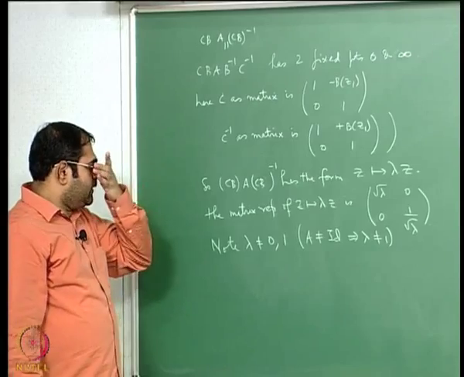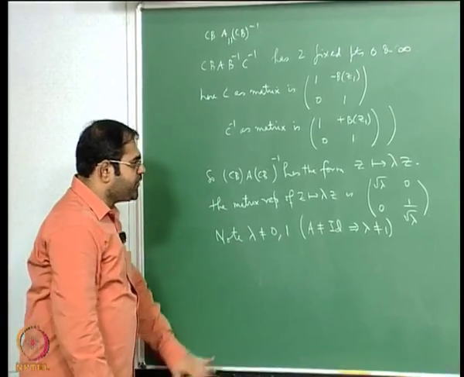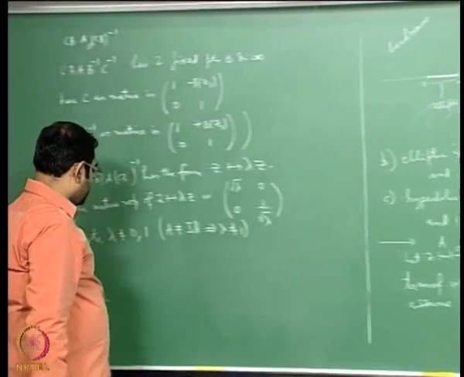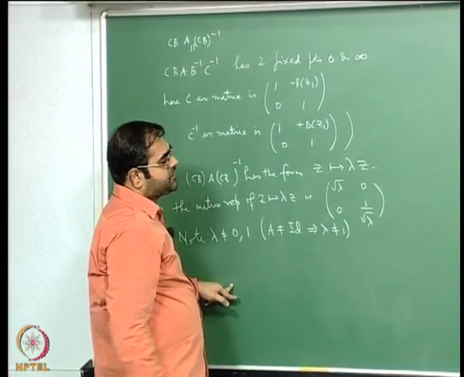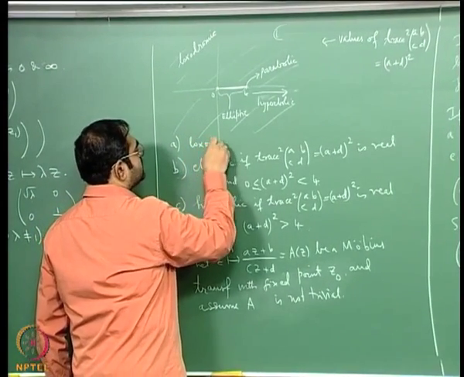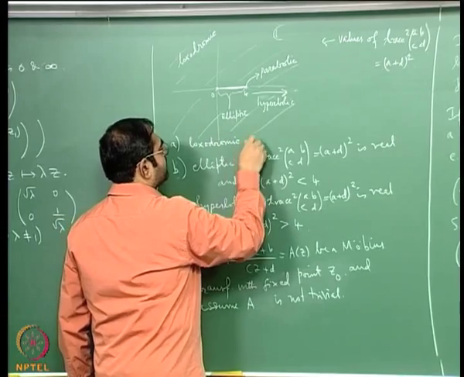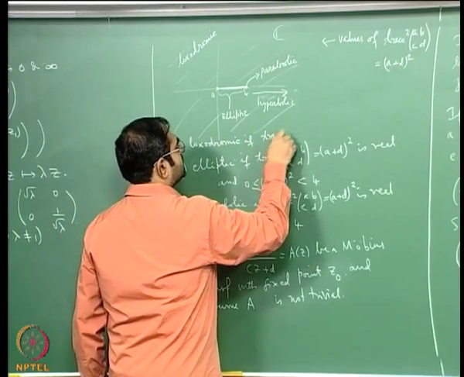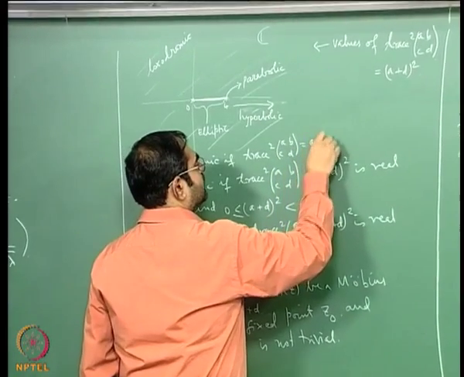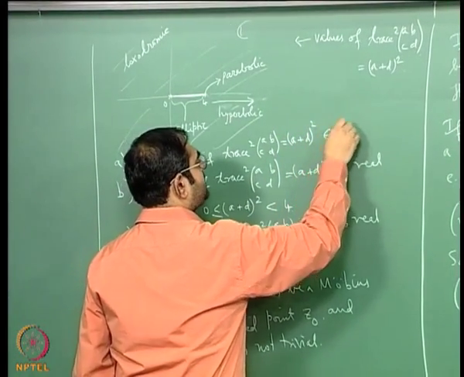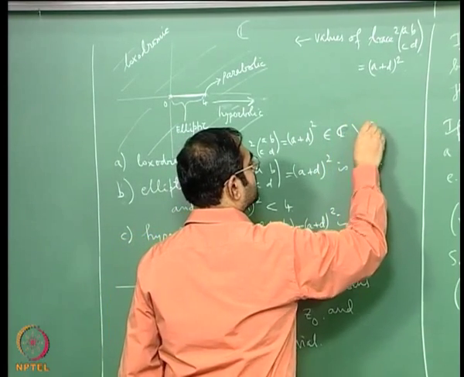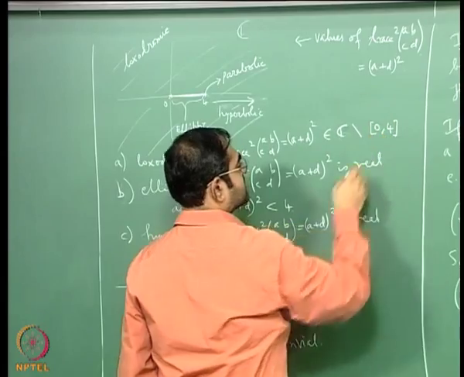Now, when I gave this definition, let me rewrite the loxodromic condition here. Loxodromic if trace squared of a b c d, which is a plus d the whole squared, is a complex number, not a real number in this interval.